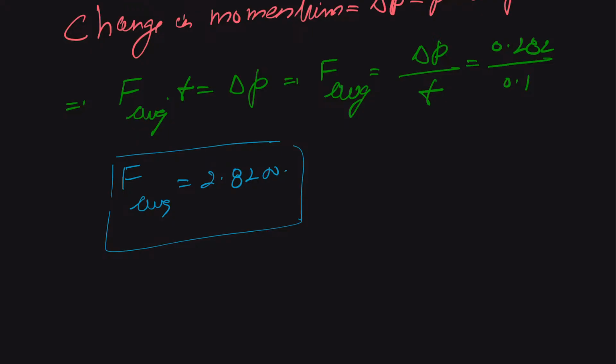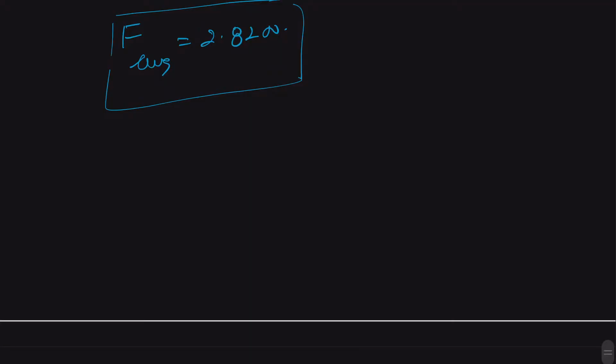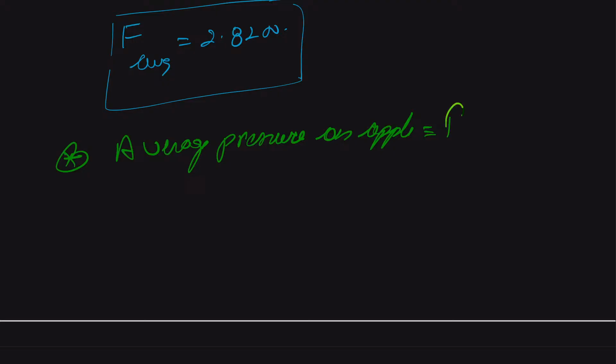Now this average force is the contact force that is responsible for bruising, and we already know the area. Therefore, it's quite simple now. The average pressure on the apple, P, is equal to the average force upon area.